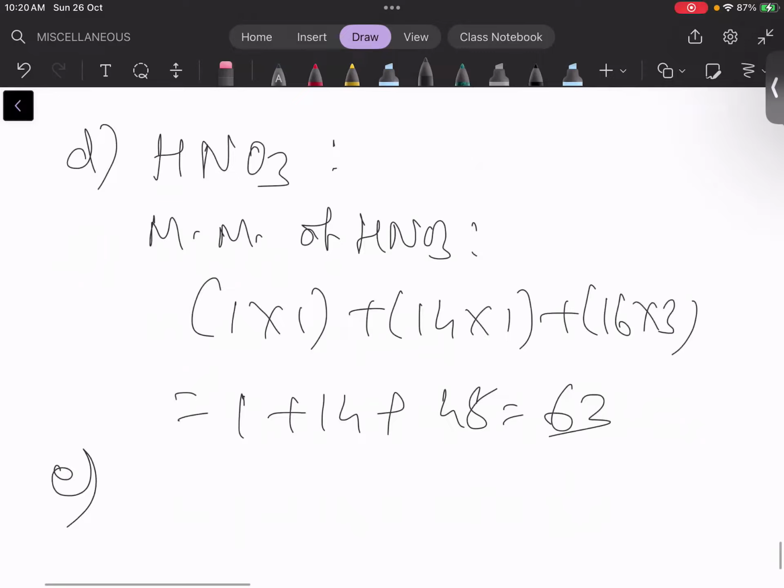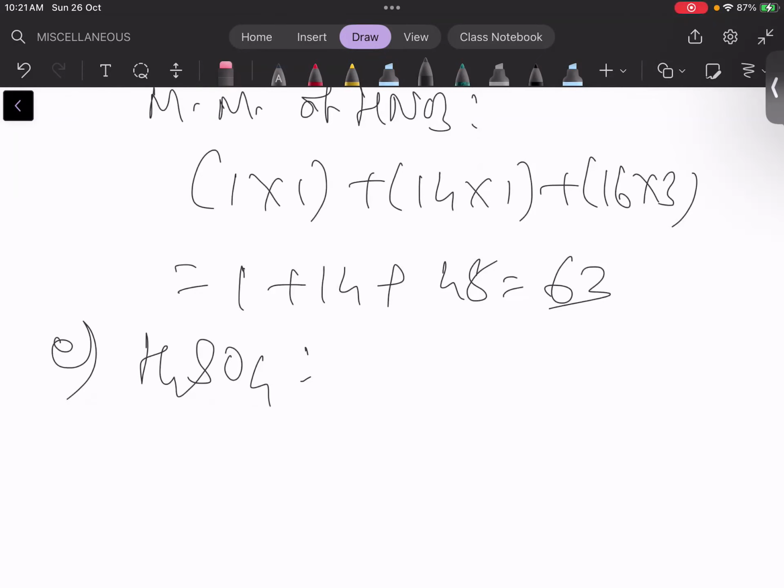Then calculate for H2SO4. Be fast. Sulfur is 32. Sir, 98. Very good.